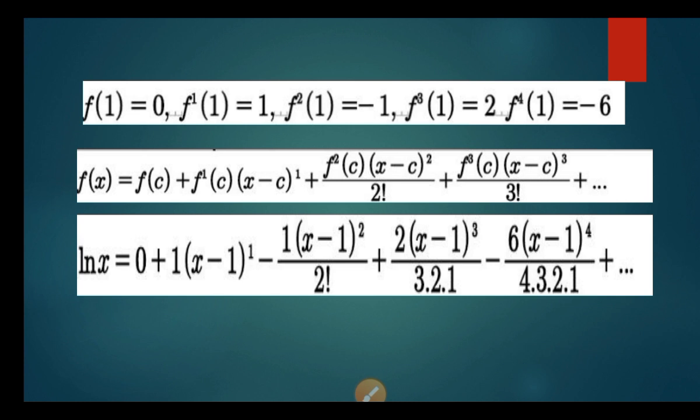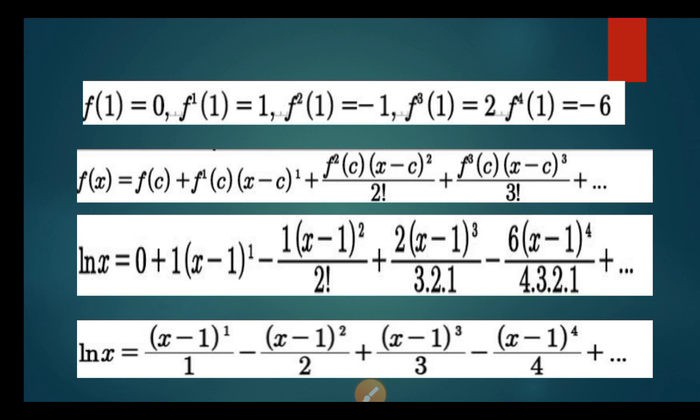Then 2 times x minus 1 cubed over 2 times 2 times 1. Then minus 6 times x minus 1 raised to 4 over 4 times 3 times 2 times 1, plus and so on. So this will be the answer.